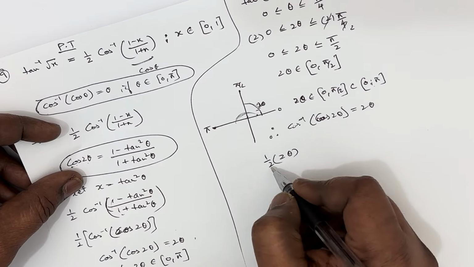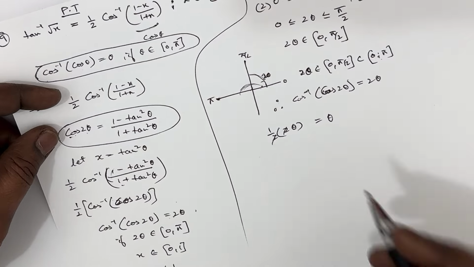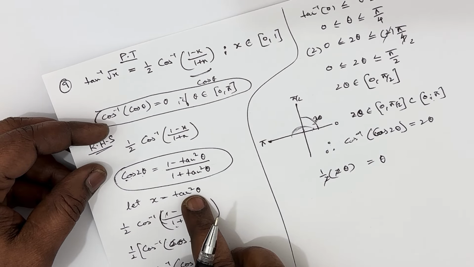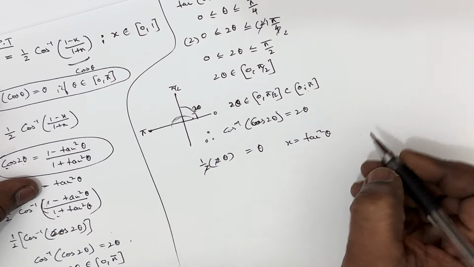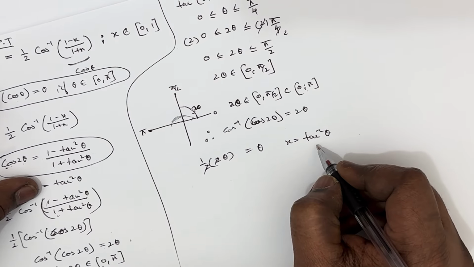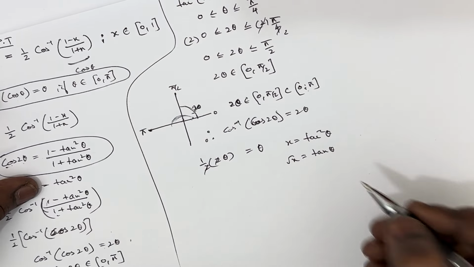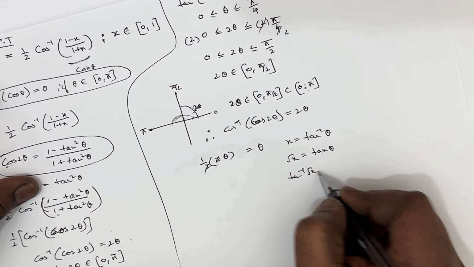The 2 and 2 get cancelled, and we have theta. Now we have taken x is equal to tan square theta, so tan theta will be root x, and theta will be tan inverse root x.